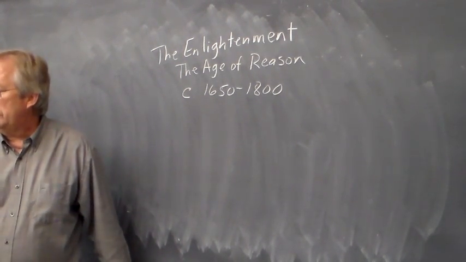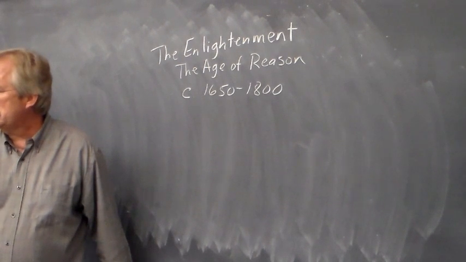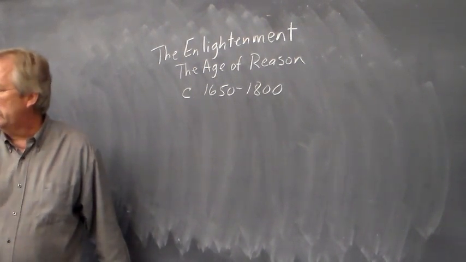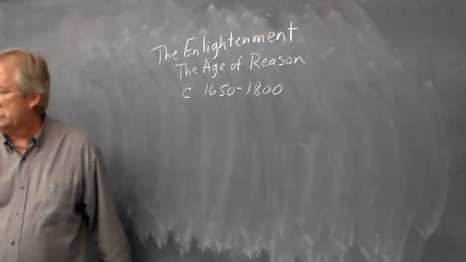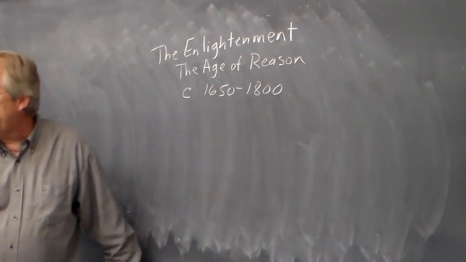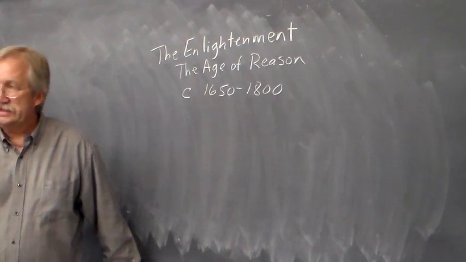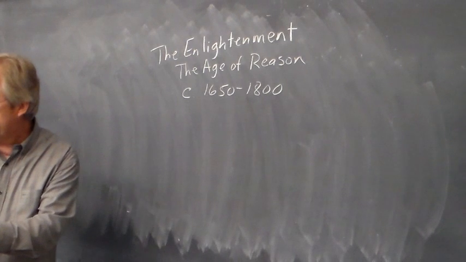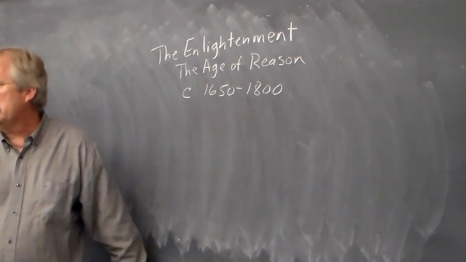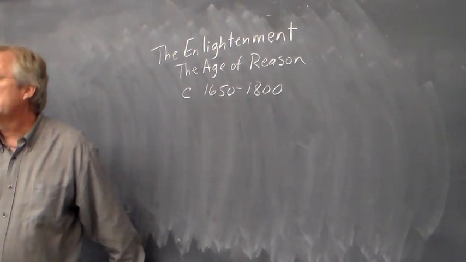And so this means that the teachings of the church were in conflict with scientific discovery. So Copernicus, who made the discovery that the Earth was not the center of the universe, but that the Earth revolved around the sun, was something that was in conflict with what the church taught.